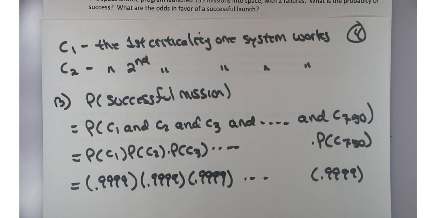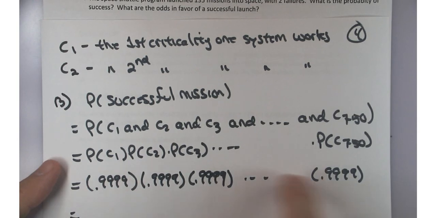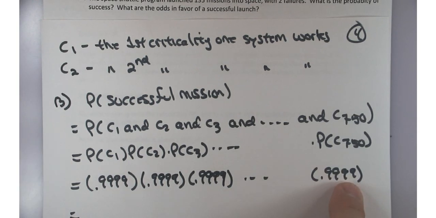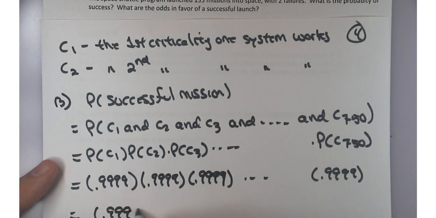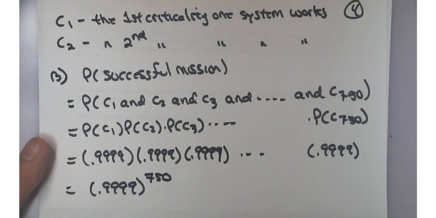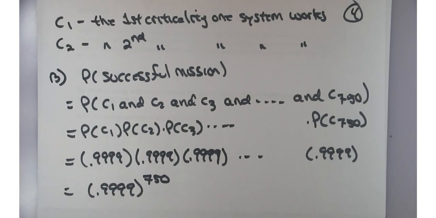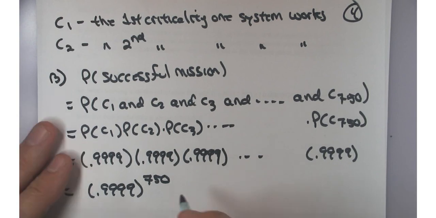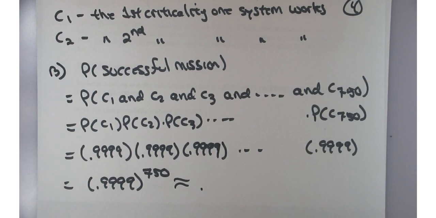Does anyone know of a shortcut on that? To multiplying this out by itself? Yeah, let's raise it to a power, right? 0.9999 raised to the 750 power. Okay. Let's find that number, and round it off to the nearest fourth decimal place.